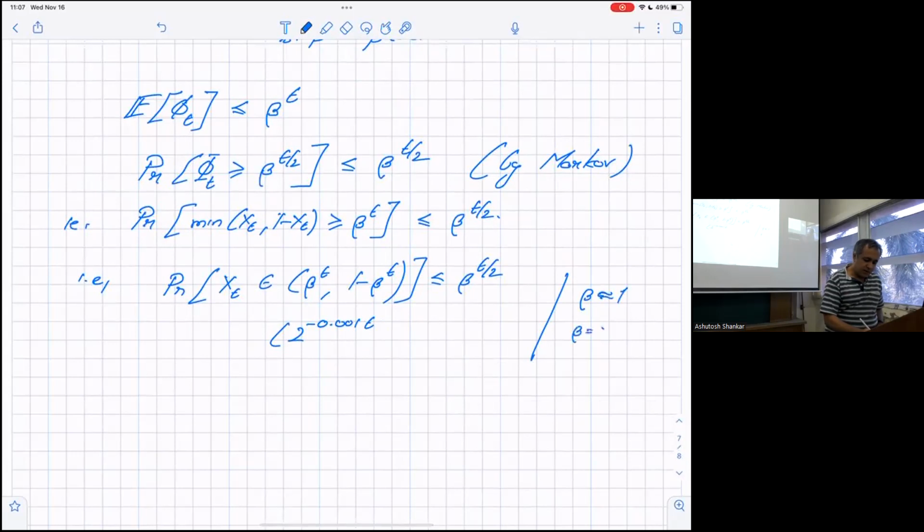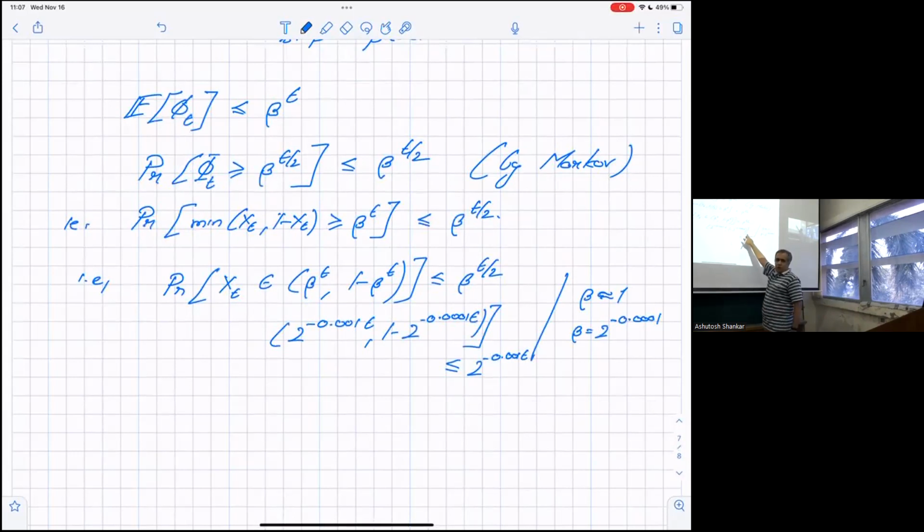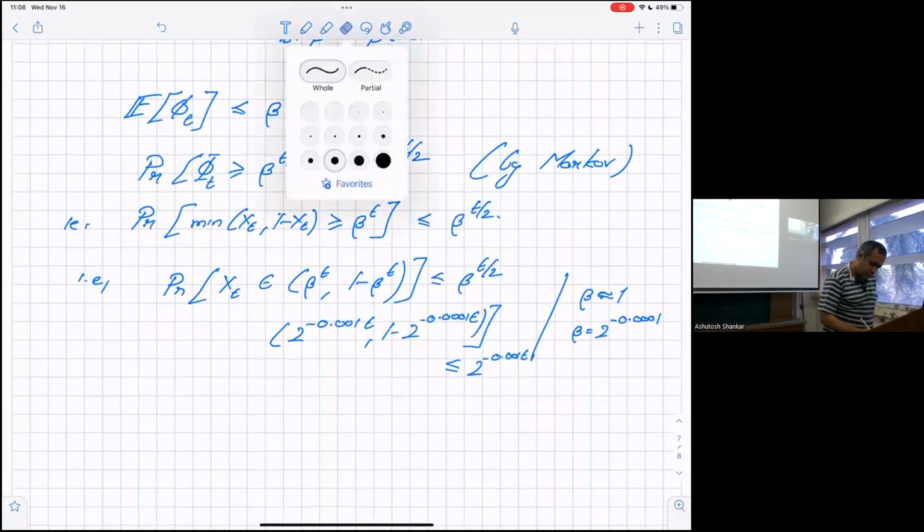So this is what we are getting. This 0.001 is different from this because there's a by 2 difference. This is actually 0.0005.